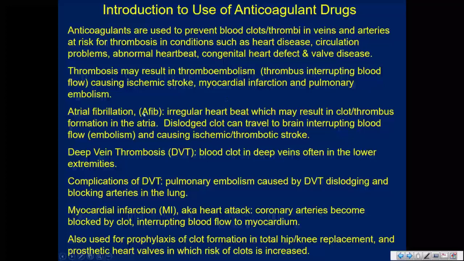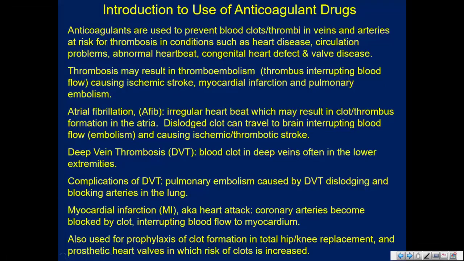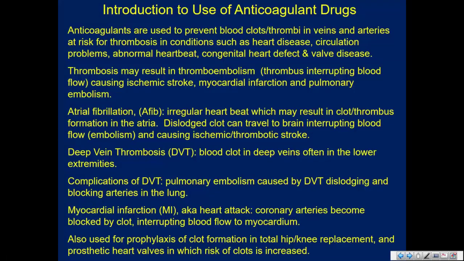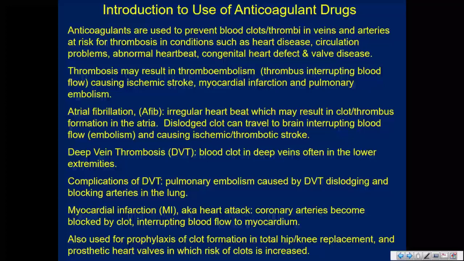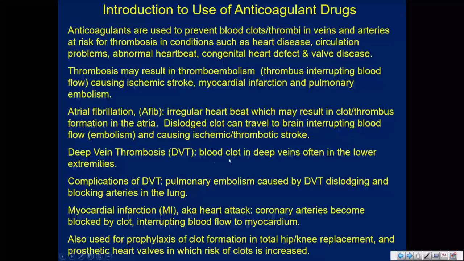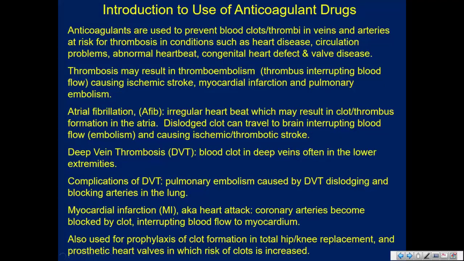AFib is another common risk factor for clot formation. This is an irregular heartbeat localized to the atrium. So we'll use the drugs I'm going to talk about in all these situations. DVTs are another thing that elevates your risk for blood clots, and this can often result in delivery of a thromboembolism to the lung.